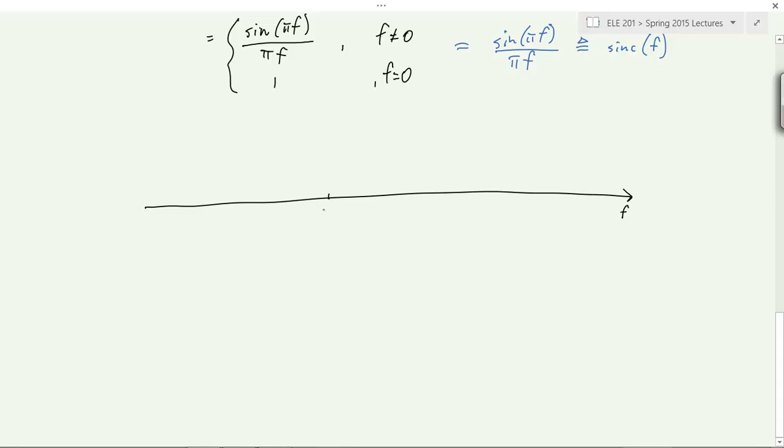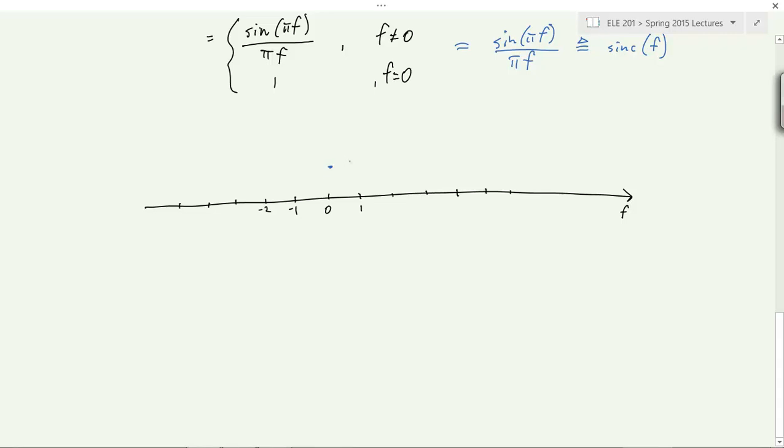There's f, 0. At 0, it's got a value of, well, let me just put some of the integers here first. Okay, has a value of 1 at 0.